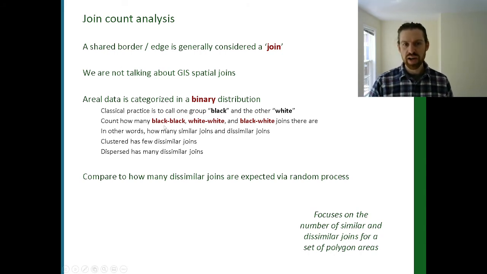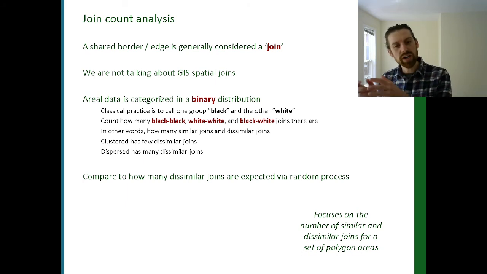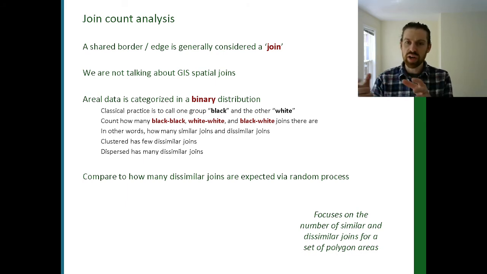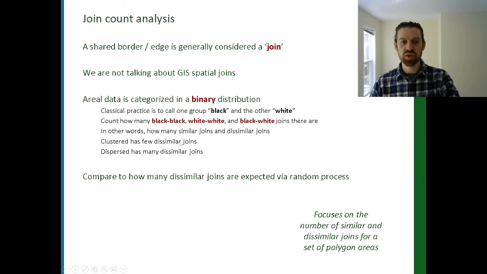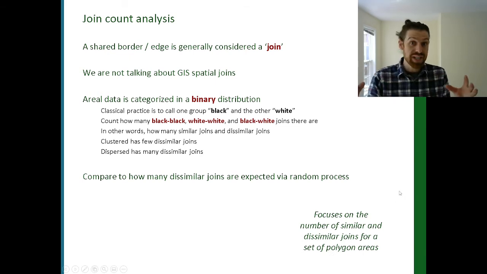So essentially you can then count how many areas are black and joined together, or white and joined together, or whether they're black and white joins which match together. And basically you end up with similar joins or dissimilar joins, and then you can use this data to crunch the numbers that we're interested in, okay? So we're focusing on how many are similar and how many are dissimilar.